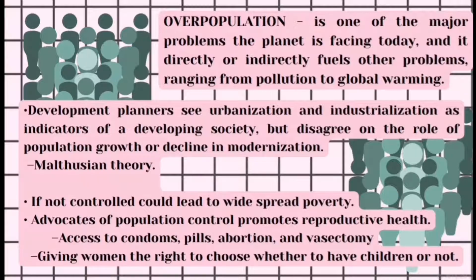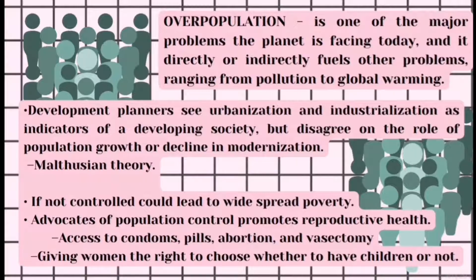Under this paradigm, humans would eventually be unable to produce enough food to sustain themselves. And he also believed that a balance between population growth and food supply can be established through preventive and positive checks. He also said that if overpopulation is not controlled, it could lead to widespread poverty.